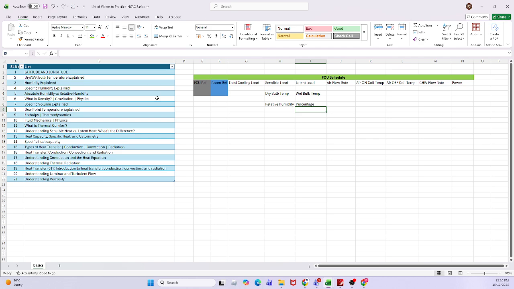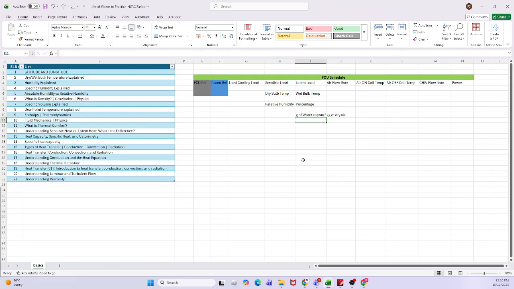Then we talk about absolute humidity. What do you mean by absolute humidity? It is the amount of water in the air. Here we are not talking about percentage, we are talking about the amount of water: how much? Grams of water vapor per kilogram of dry air.